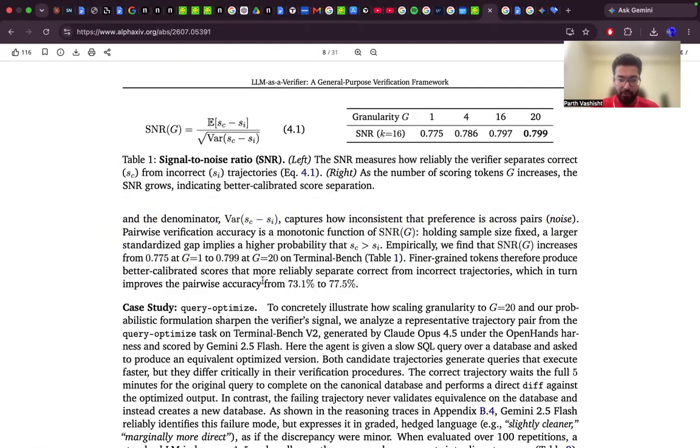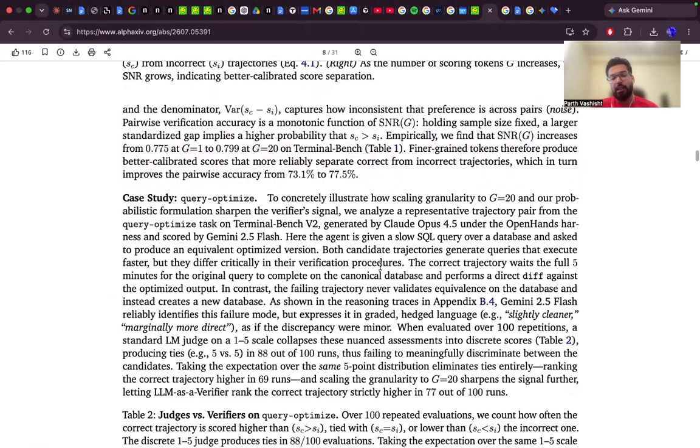Finer grained tokens therefore produce better calibrated scores that more reliably separate correct and incorrect trajectories, which in turn improves the pairwise accuracy from 73.1% to 77.5%. Interesting. Let's see a case study to understand it better because this is more theoretical.